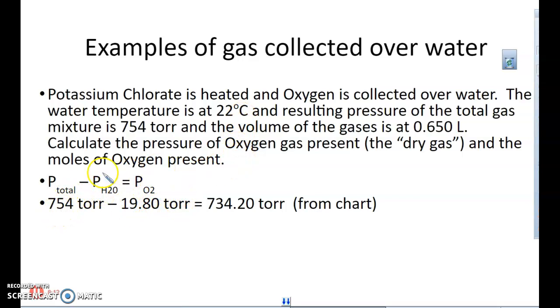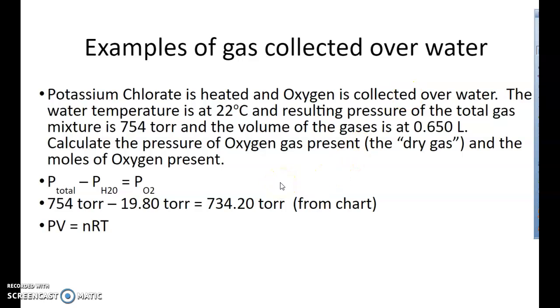I've collected this gas, 754 torr. But that is the total gas. It's what's called the wet gas. I'm going to subtract out the water vapor pressure from that table. This is my pressure. And now what I can do is calculate anything else from it, the volume, whatever. But I've got to first get that dry gas.